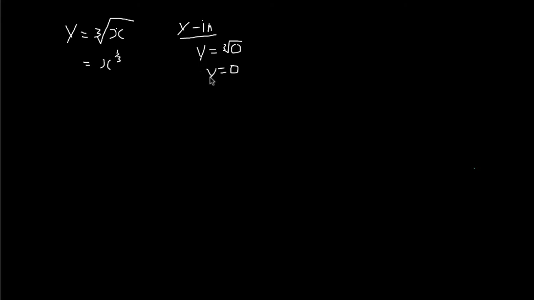Therefore, the y-intercept is, or you can say equal to, 0, 0. So then how do we find the x-intercept? Right, we use y equals 0 and square root 3 x.